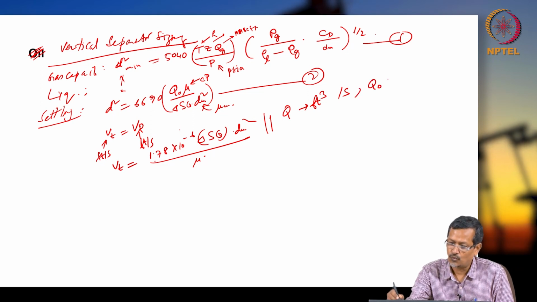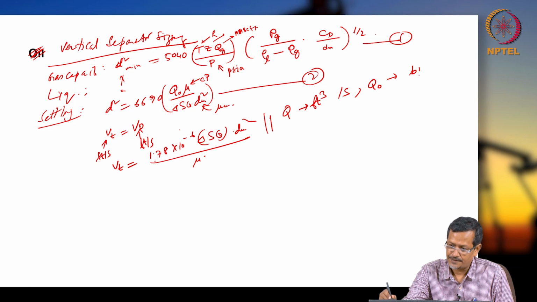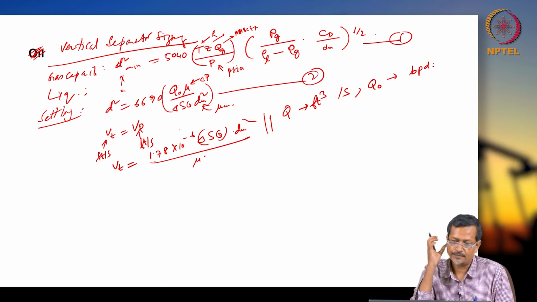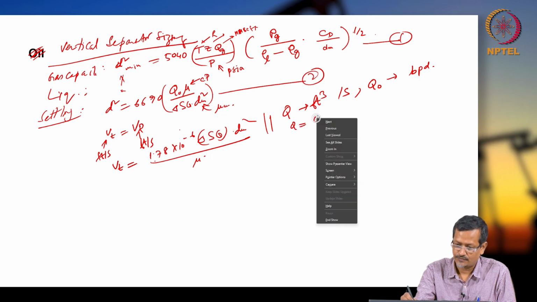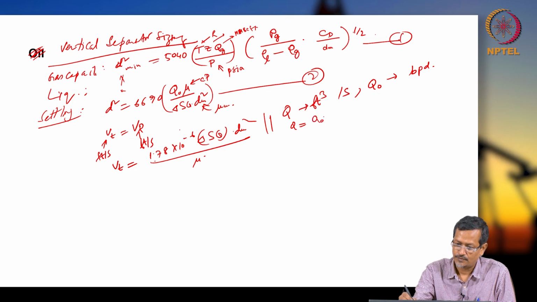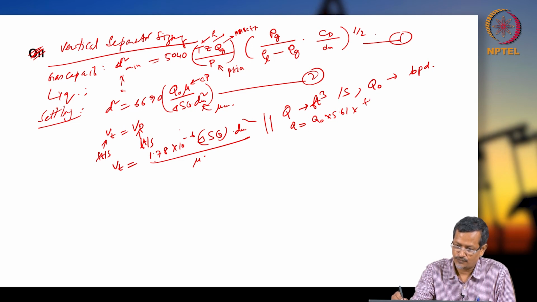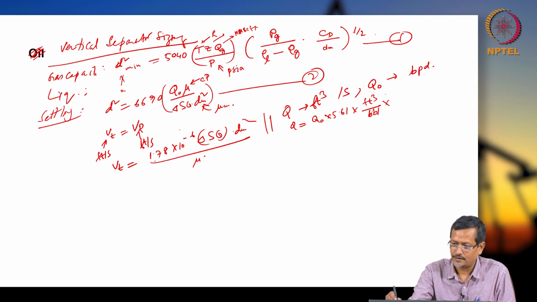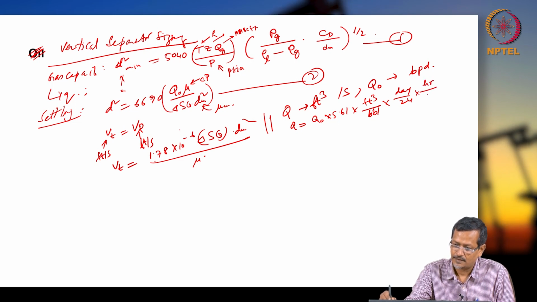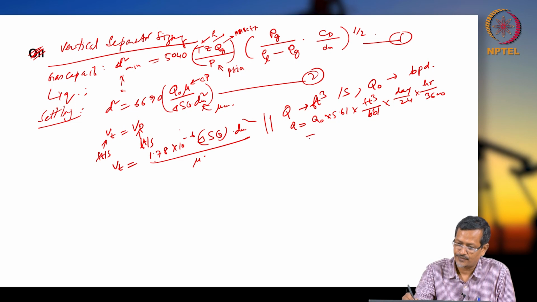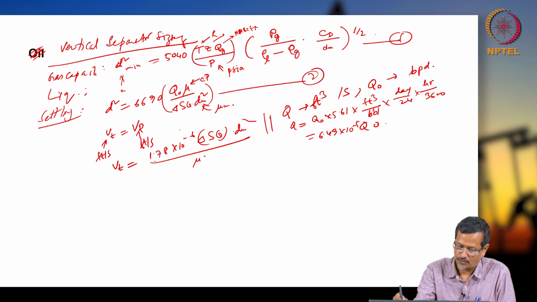QO, the oil flow rate in BPD, may be given in BPD, so you have to convert it into Q. So Q equals QO into 5.61 cubic feet per barrel per day, divided by 24 hours and by 3600. Finally you get 6.49 into 10 power minus 5 QO.